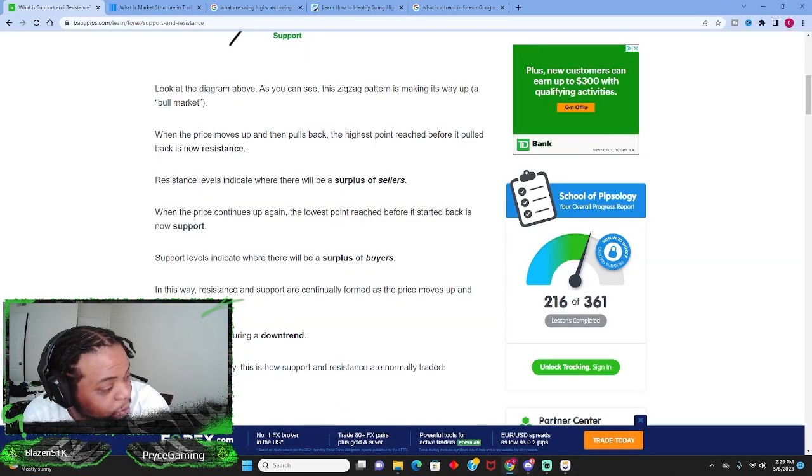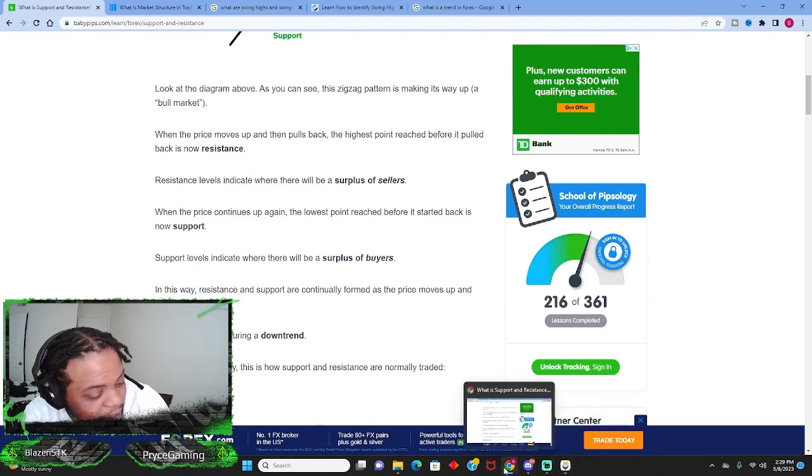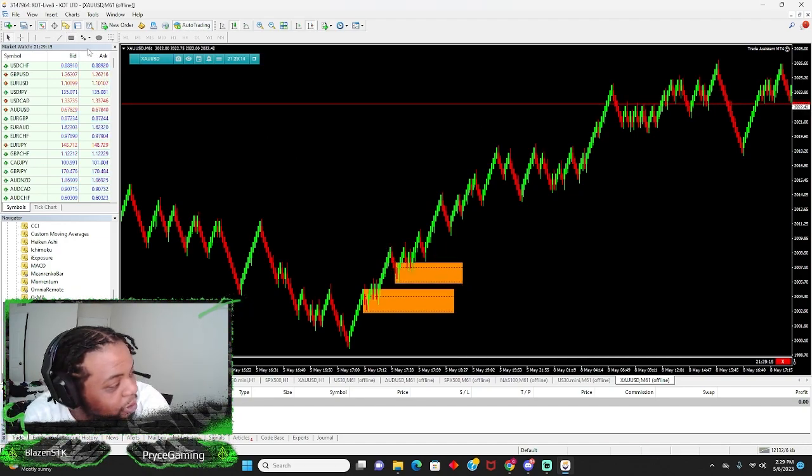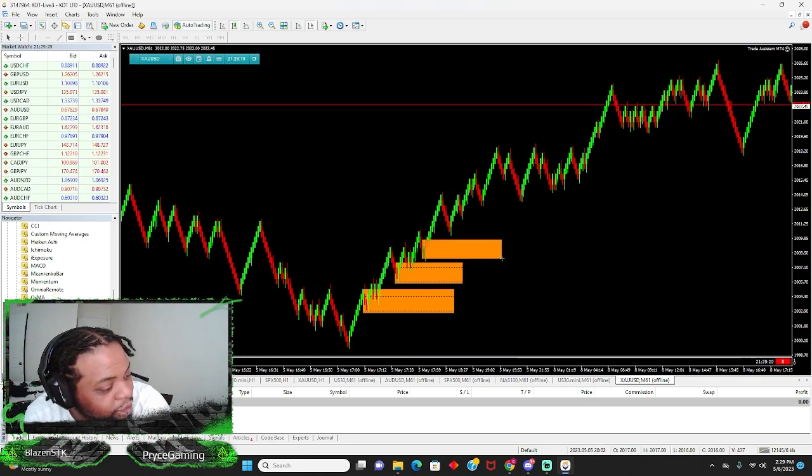When price continues up again, the lowest point reached before it started back is now support. So if we follow that on the Renkos: push up, lowest point reached, support.